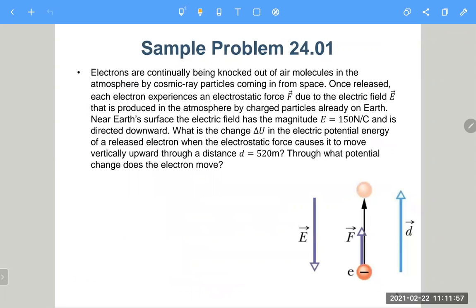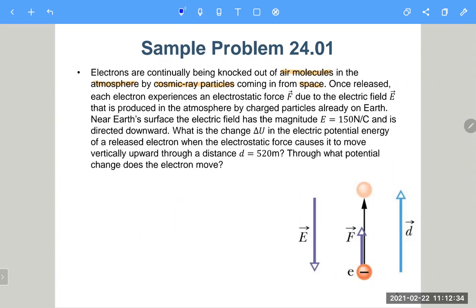So here is a sample problem. Electrons are continually being knocked out of air molecules in the atmosphere by cosmic ray particles coming from space.